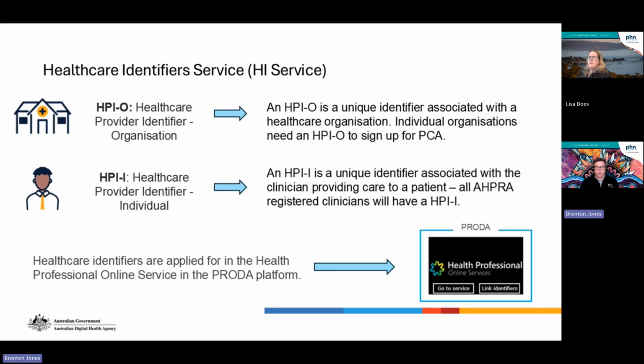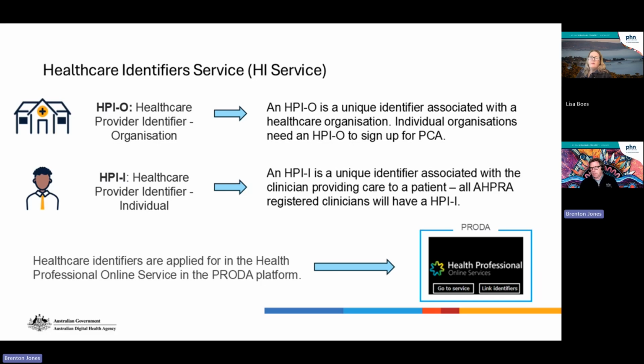Now, all AHPRA registered clinicians will have their own unique identifier, and they can seek that. If you're AHPRA registered, you can obtain your HPII from AHPRA. Now, non-AHPRA registered clinicians can apply to receive an identifier through the HI service platform on Health Professionals Online Service, or HPOS, or via their eligible professional body.